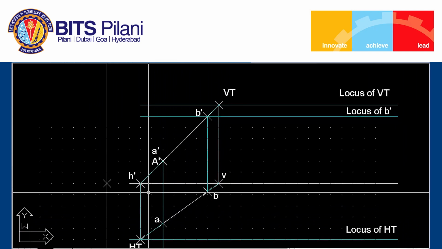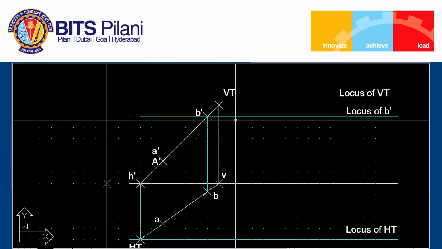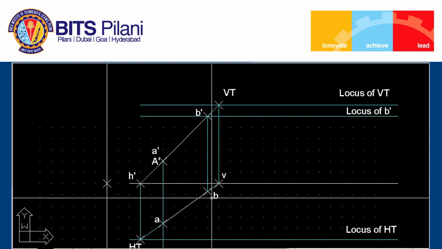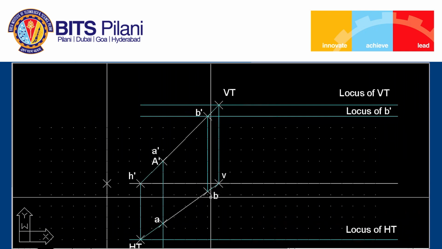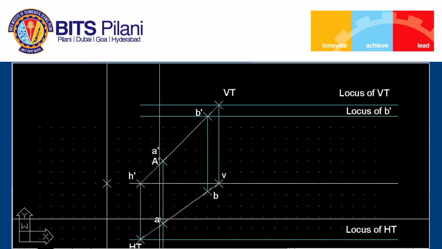For that purpose, we have to obtain the point capital B prime. We have the point small b, and how do we obtain capital B prime from small b? We have to rotate the point small b till the locus of small a, that is point B1.